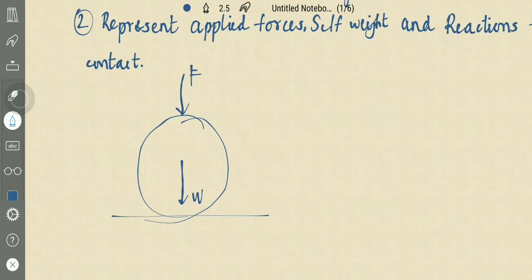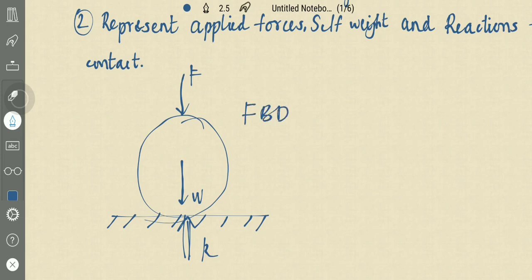Due to this, the surface produces a reaction R and it is in equilibrium, then this is called a free body diagram. Okay.